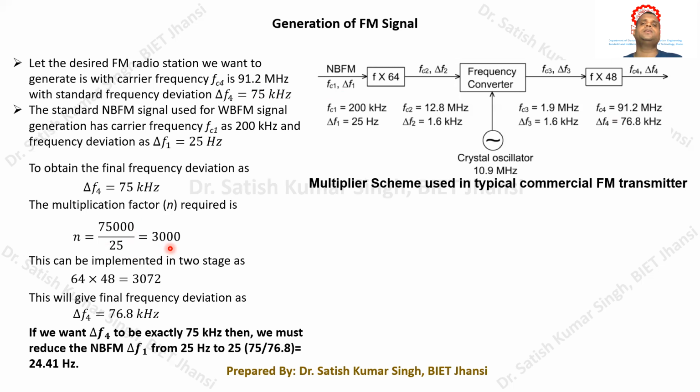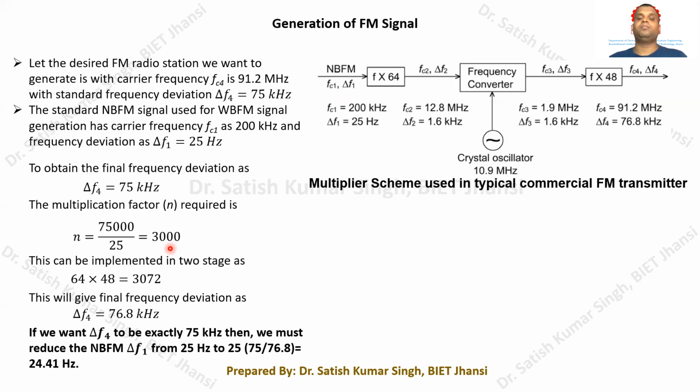Now to implement this 3000, remember that in practical cases we generally have frequency doublers and frequency triplers. Either we can double the frequency, or we can multiply it by 3. So just tripling or doubling of the frequencies is possible, and higher order multiplication is generally avoided.